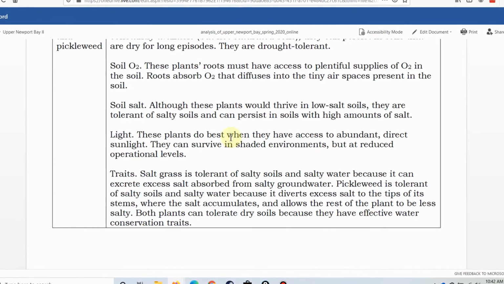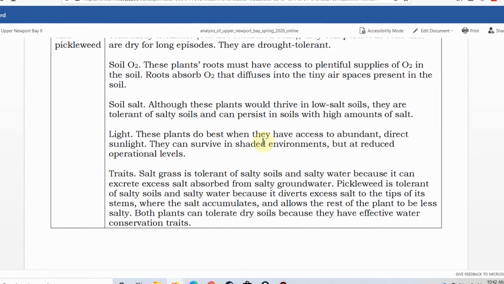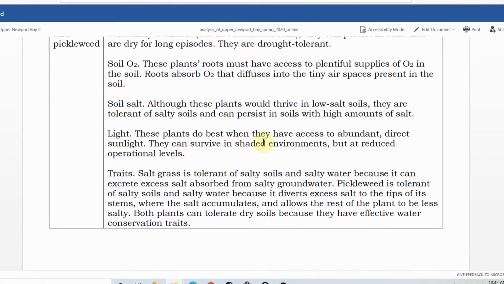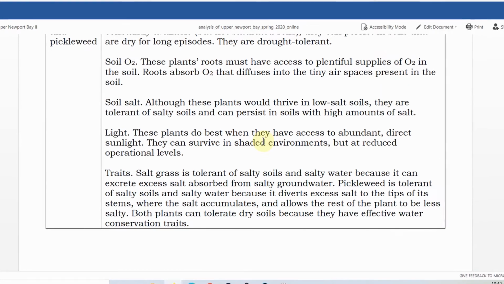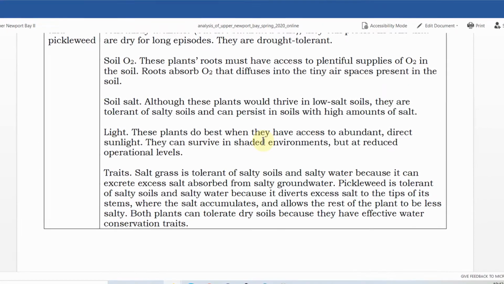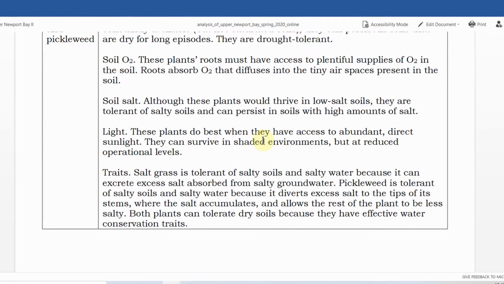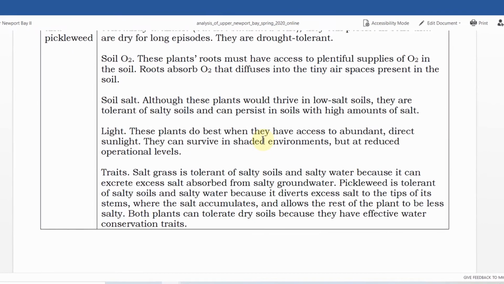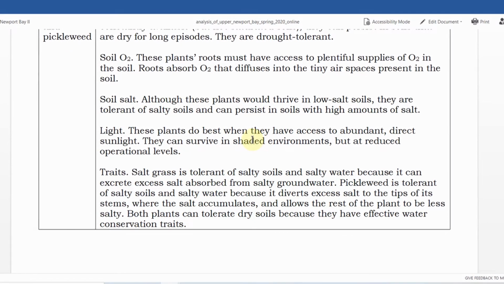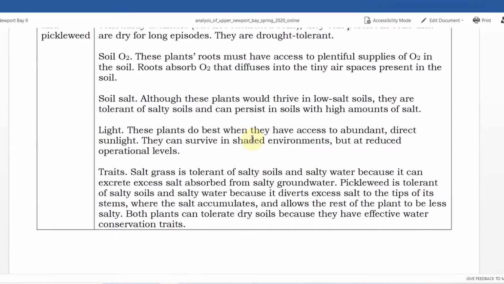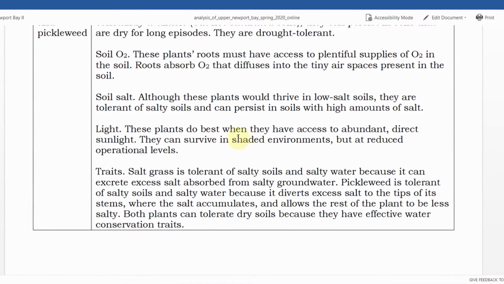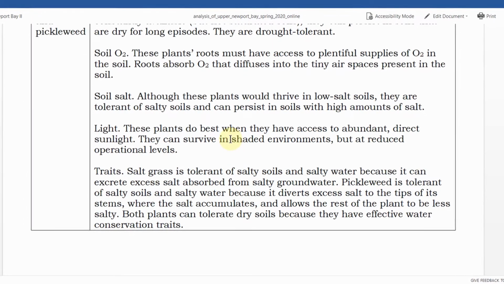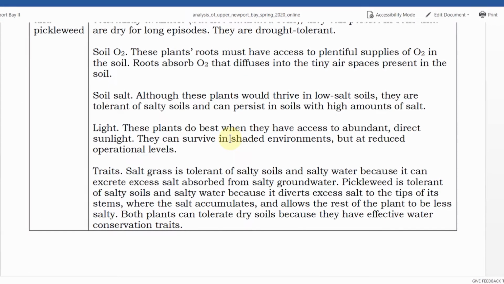But they also need access to sunlight, and this can be a problem because these are short little plants. Saltgrass is only a few inches high, and pickleweed may be only maybe a foot high, something like that at the most. So if they are in an area with taller shrubs or tall trees, those trees are going to block them out, and these plants aren't going to do well because they're not going to get direct access to the sun.